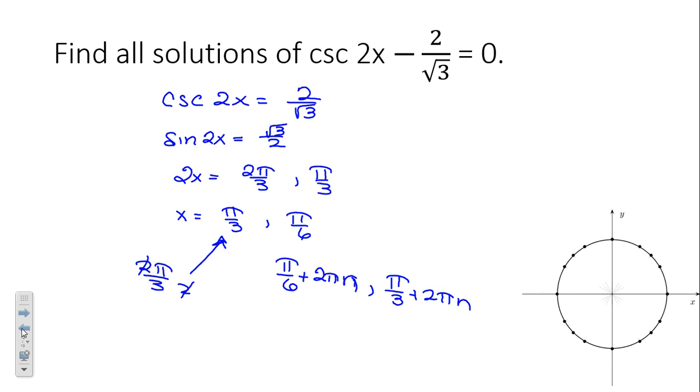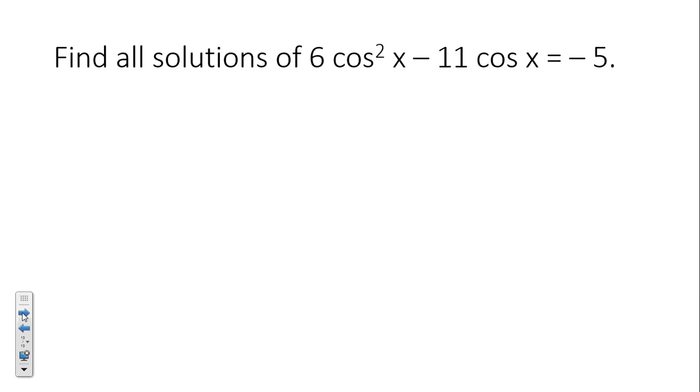Okay, so again, last one, finding all the solutions of this guy. Now we've got something like 6y squared minus 11y is equal to a negative 5. So always, always, always when you're factoring, bring everybody to one side.